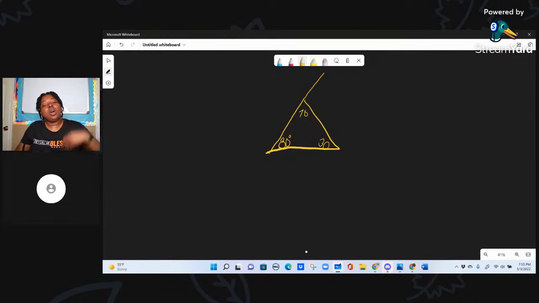Okay. So what would this exterior angle be? So we have angle B, angle A, and angle C. What angle is going to help me solve this?